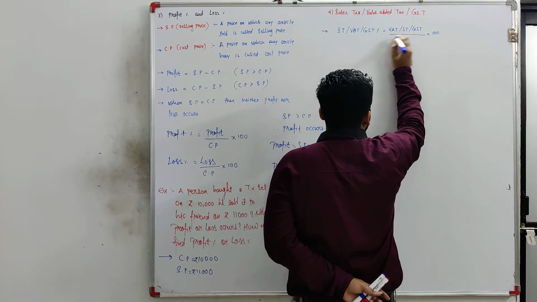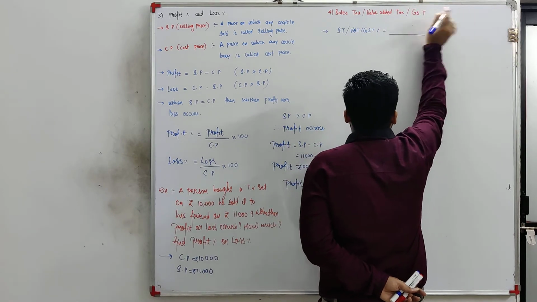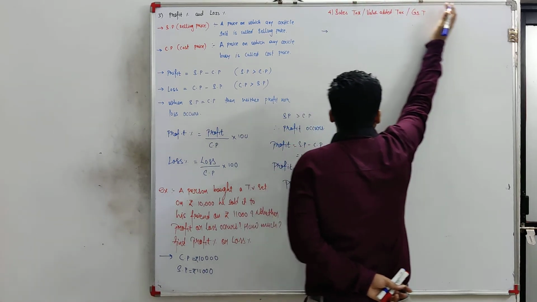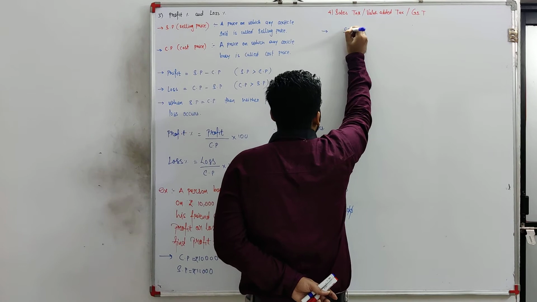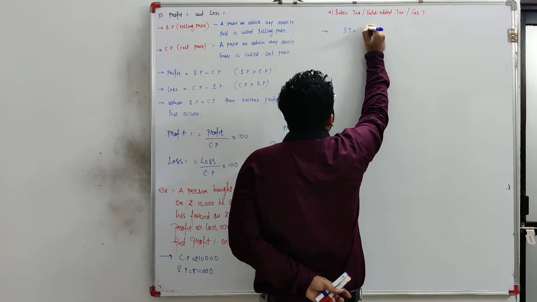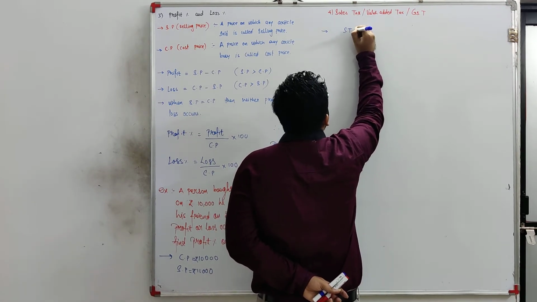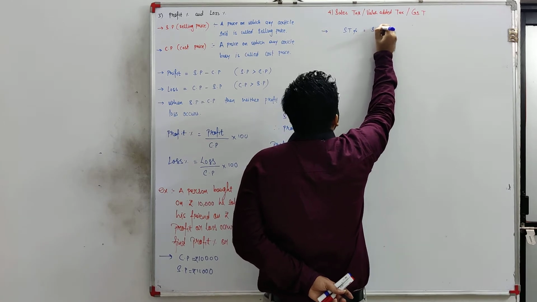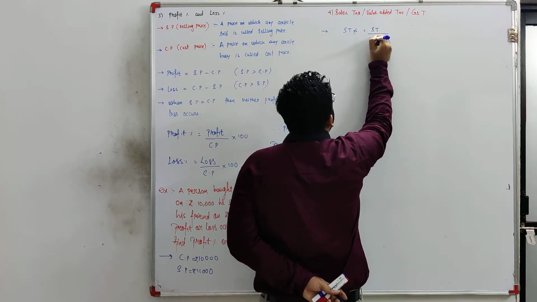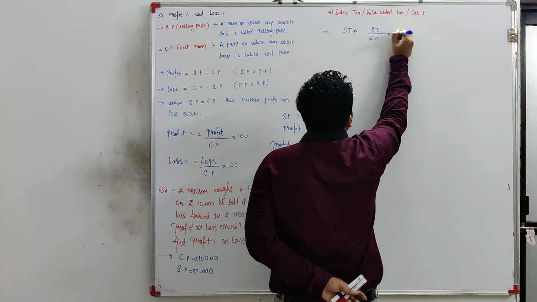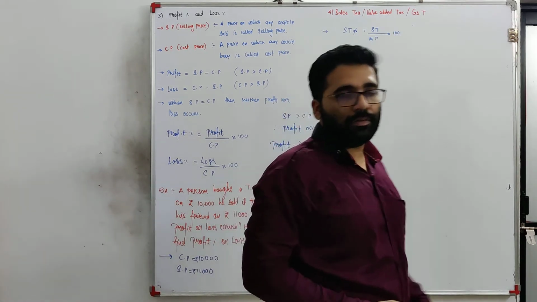Sometimes the sales tax is also taken on the basis of the selling price. So the percentage of sales tax is equal to sales tax divided by mark price into 100. The same way GST also works.